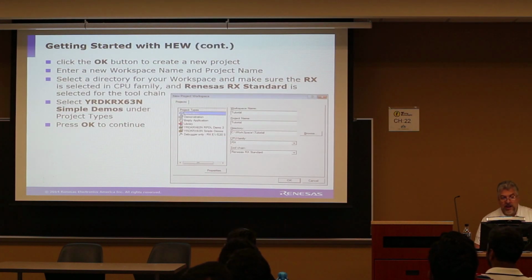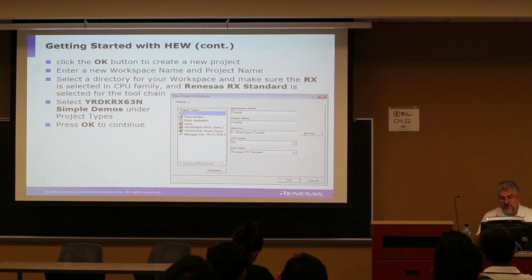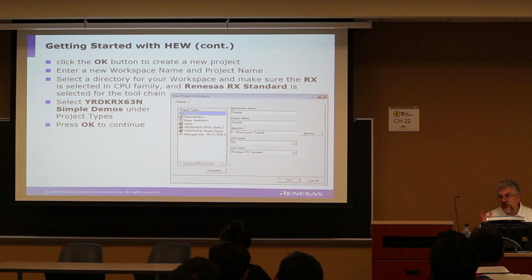We are using the YRDK RX63N, and in fact you can pick up tutorials. The only thing I do recommend is that your workspace name and your project name should have no spaces in it. Something funny happens in other tools when you have spaces in the names. So just don't put spaces in the names.